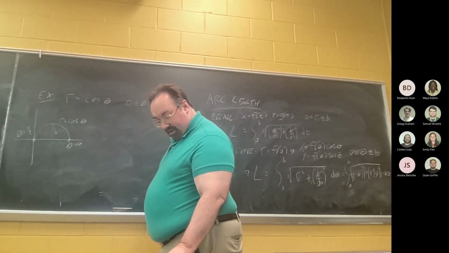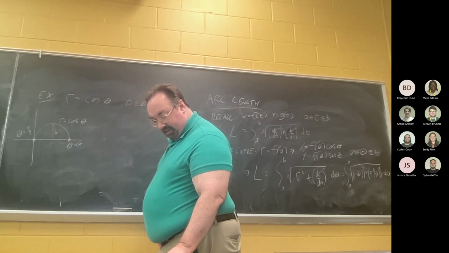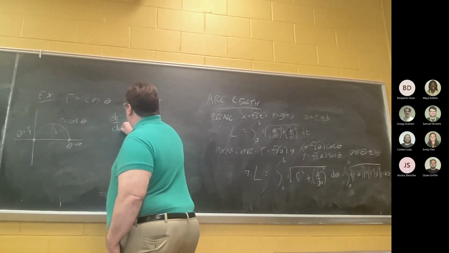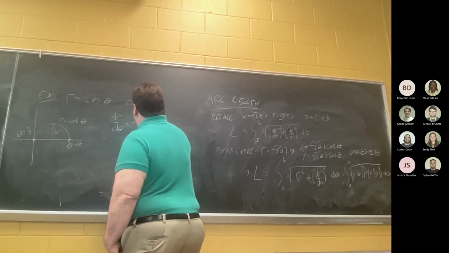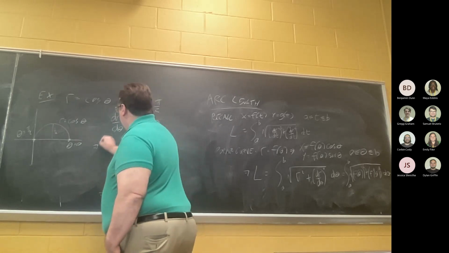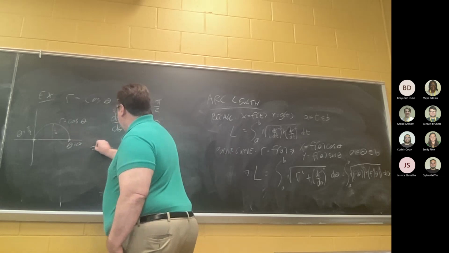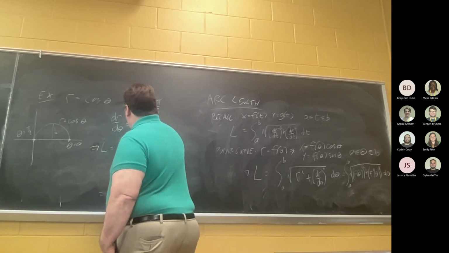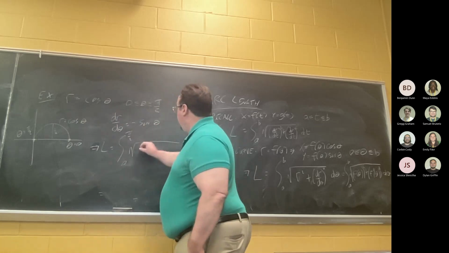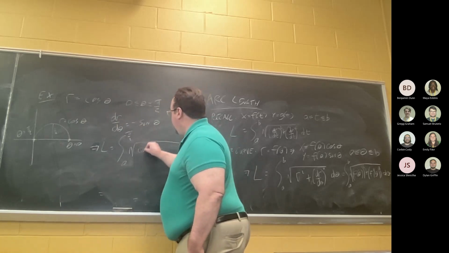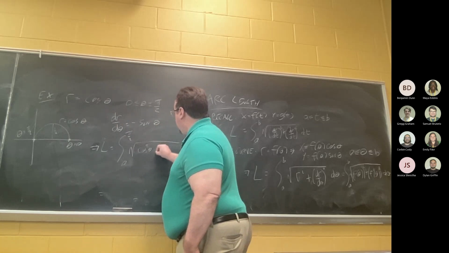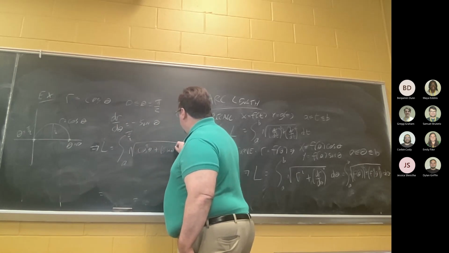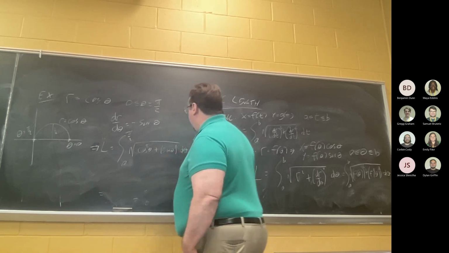Now, dr d theta is minus sine theta. So the arc length is the integral from 0 to pi over 2 of the square root of r squared plus dr d theta squared.